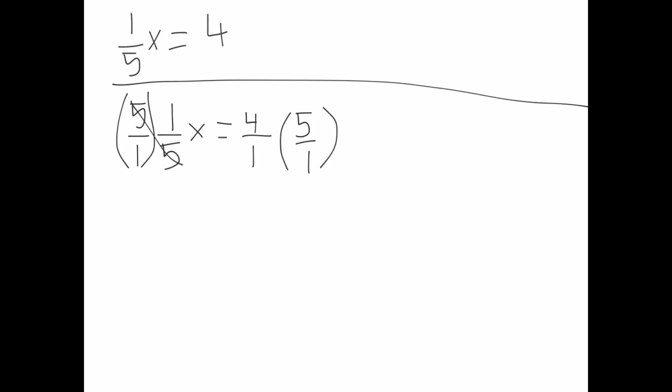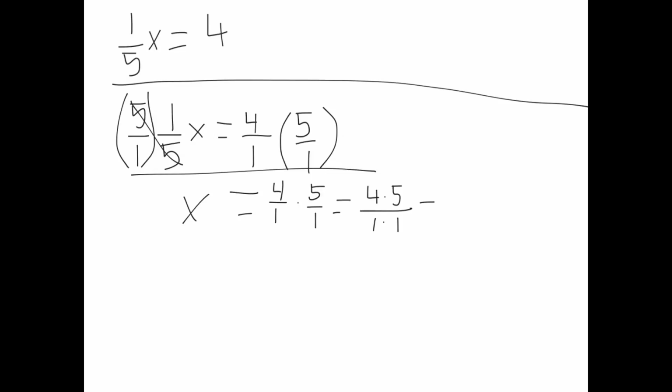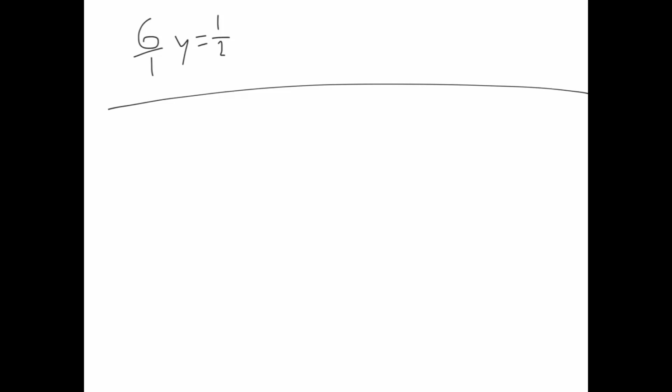And then that crossed that out, so then my answer would be x equals 4/1 times 5/1, which equals 4 times 5 over 1 times 1, which equals 20/1, which equals 20. And that's my answer.